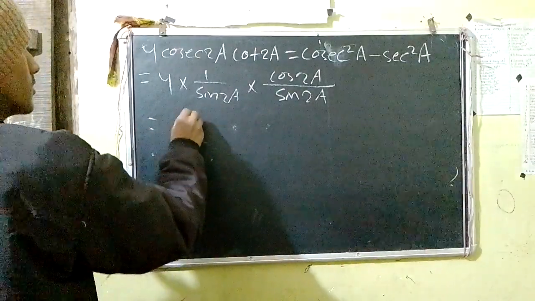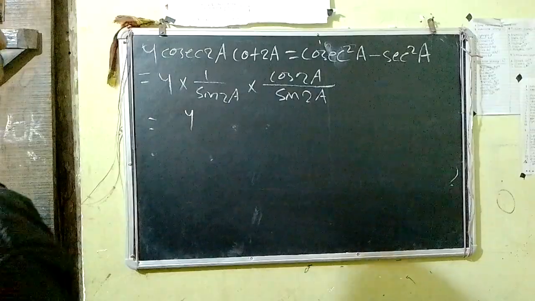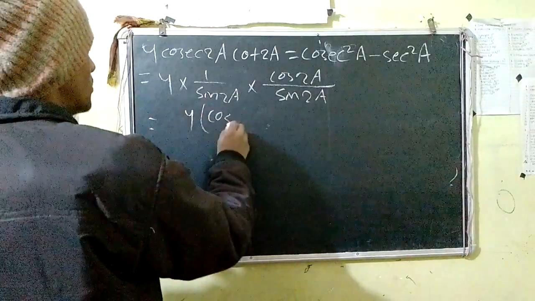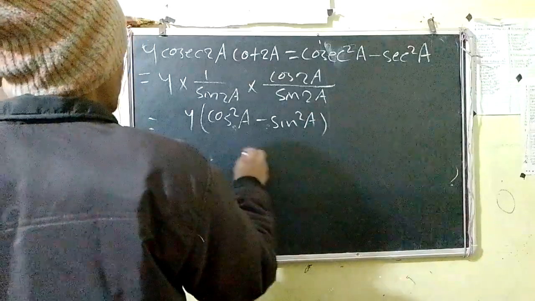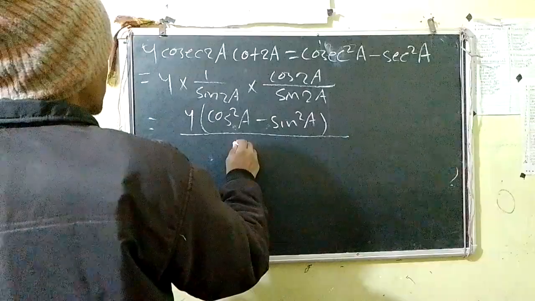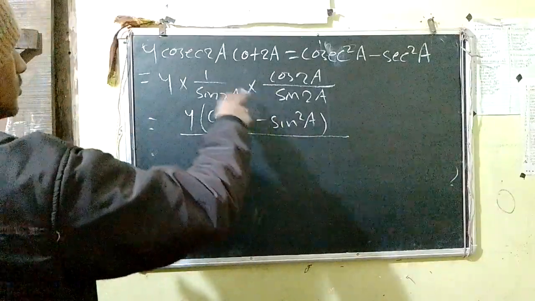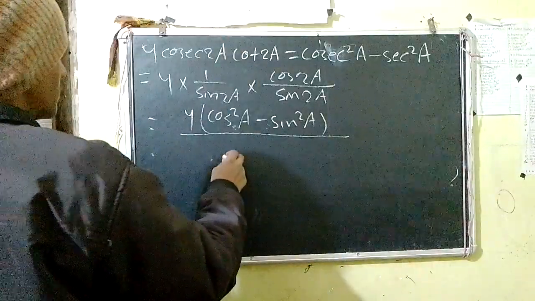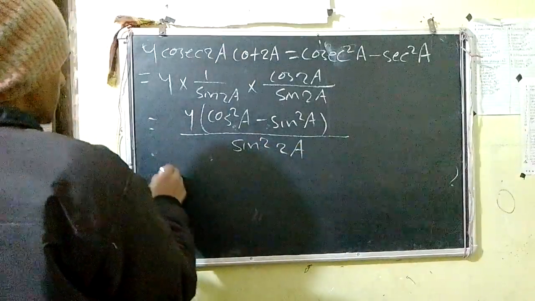Next, what I can do is write this as 4 and then cosine 2a. I want to write this as cosine squared a minus sine squared a divided by, wait a minute, it's cotangent, so it is going to be sine squared 2a at the bottom.